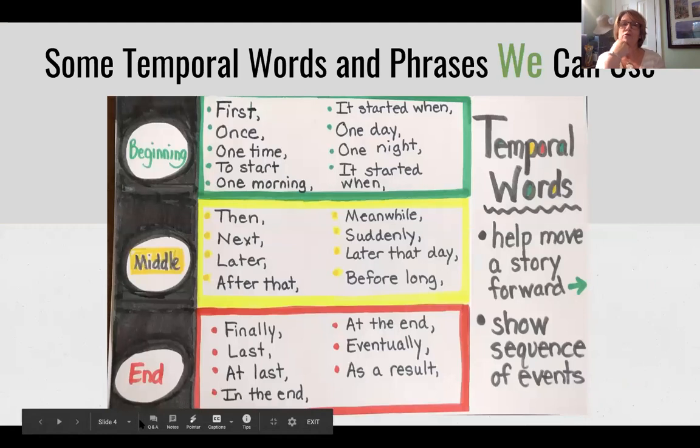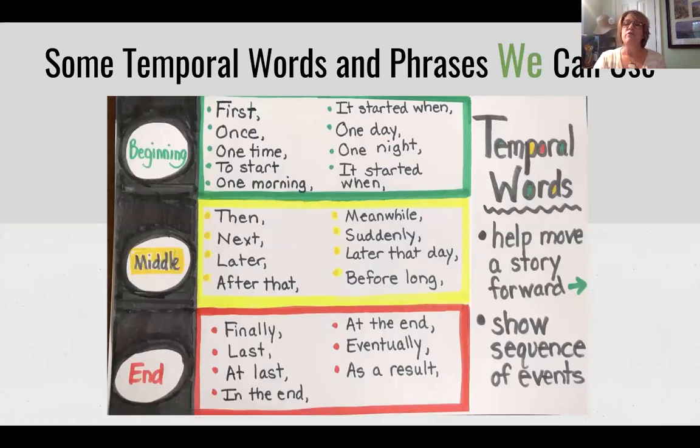All right, I've made a poster to give you some ideas on what some temporal words and phrases are that we can use. Now, let me say that there are a lot listed here. I do not expect you to use all of these. These are just suggestions and a lot of words that you could try in your writing.